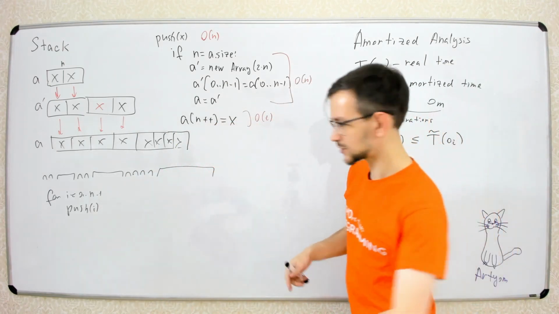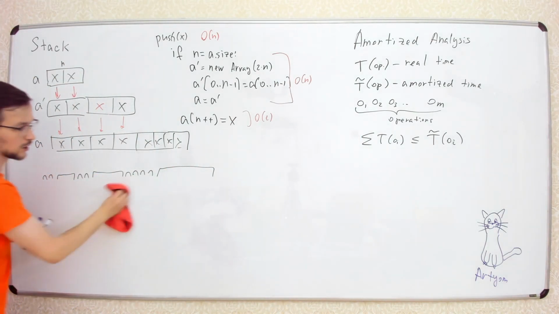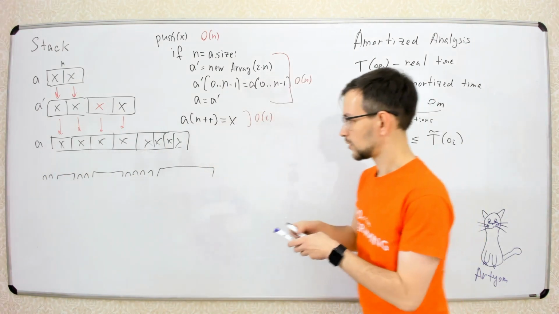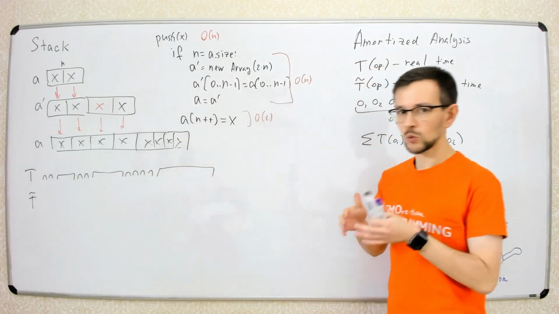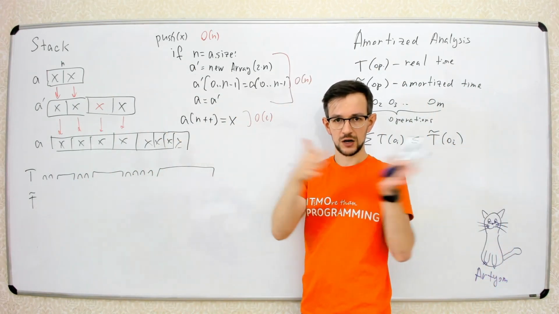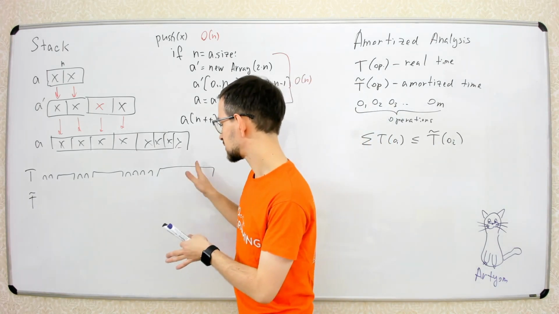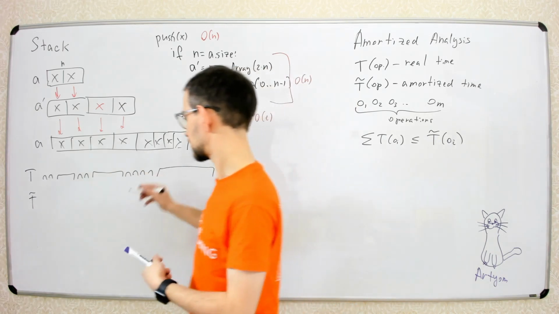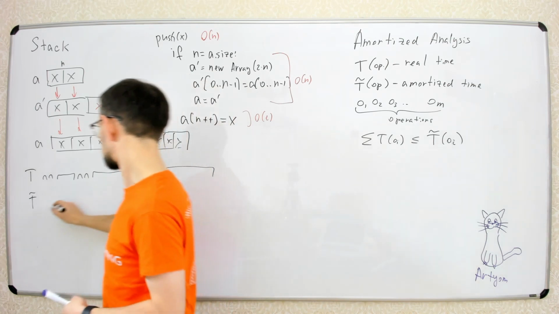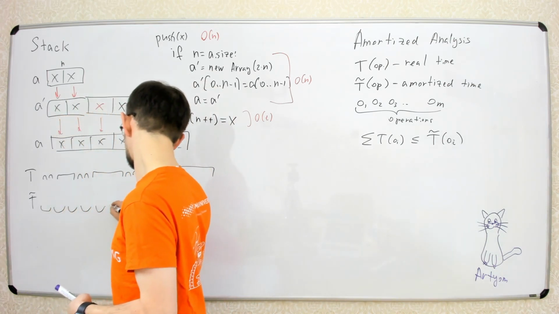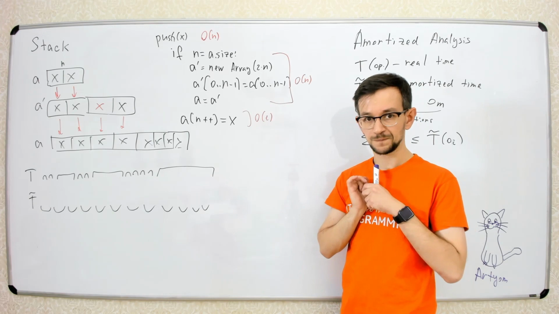For example, let's go back here. If this is the real time, this is the amortized time. So what we want to do is even out the times of all these operations, to make something more evenly distributed. The number of operations is like 2, 3, 4, 5, 6, 8, 9, 10, 12. So what we want to have is something like that.